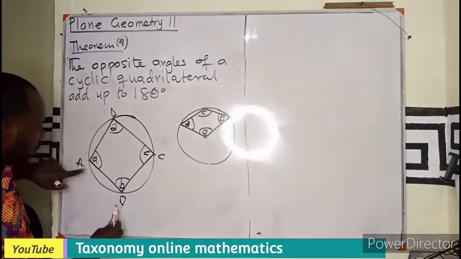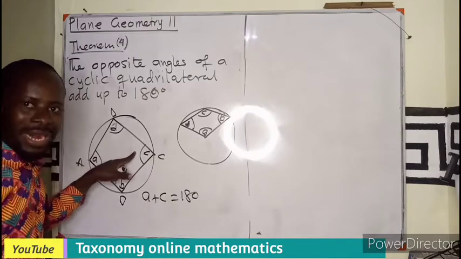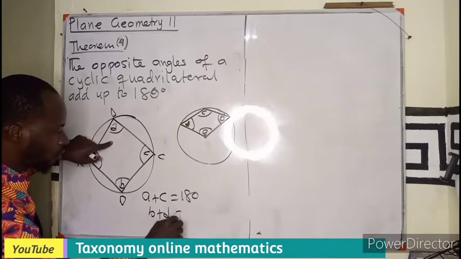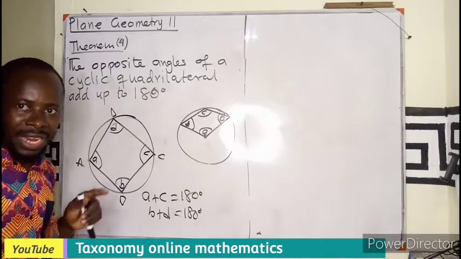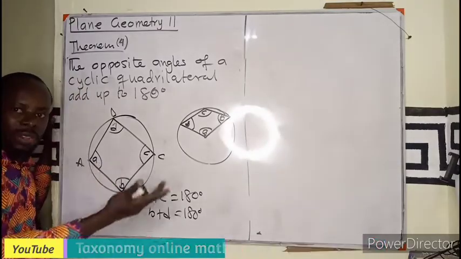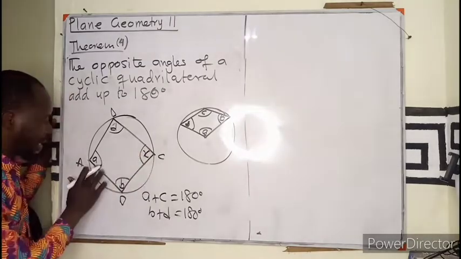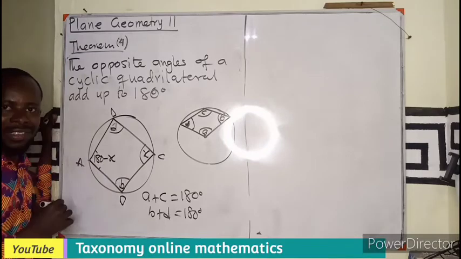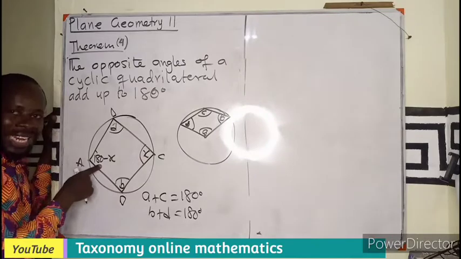Therefore, the opposite angles of this quadrilateral will not add up to 180. So here we are going to say A plus C gives us 180, and B plus D should also produce 180 degrees. So anytime we have an angle here, we add it to this, we get 180. Better still, I can say this is x, then this becomes 180 minus x, meaning I subtract this angle from 180 to get this.